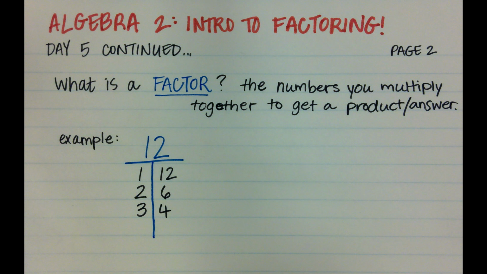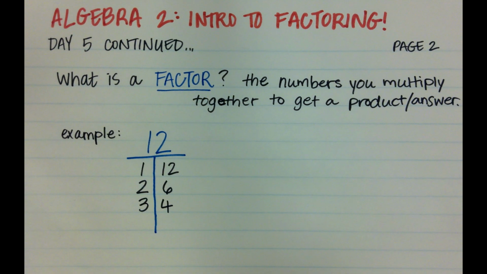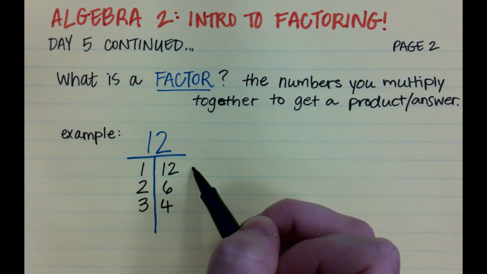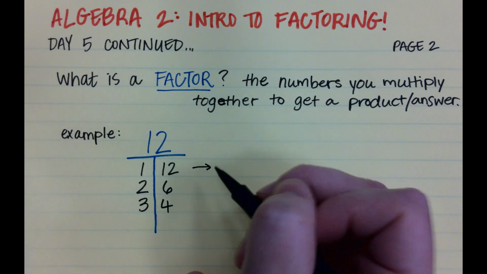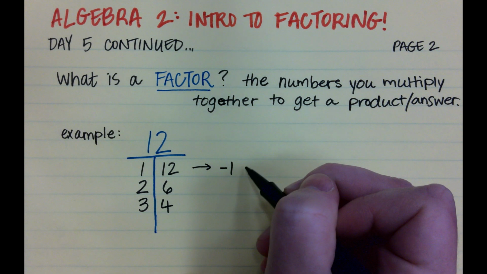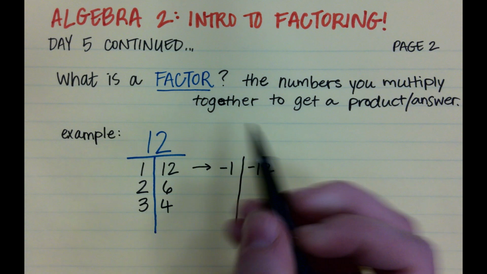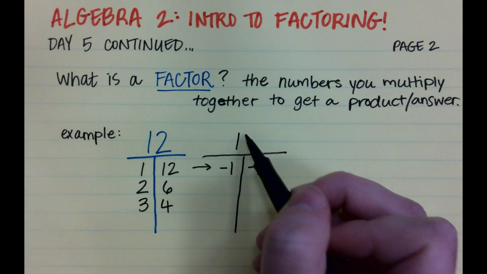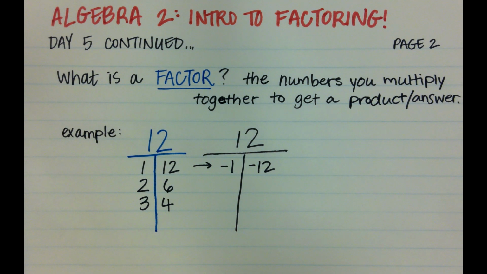Are there negative numbers that could be factors too? Yes, absolutely. So instead of 1 and 12 being multiplied, what could I multiply together to get positive 12 still? -1 and -12, because a negative times a negative is positive. Two negatives, when you multiply them together, give you a positive number.